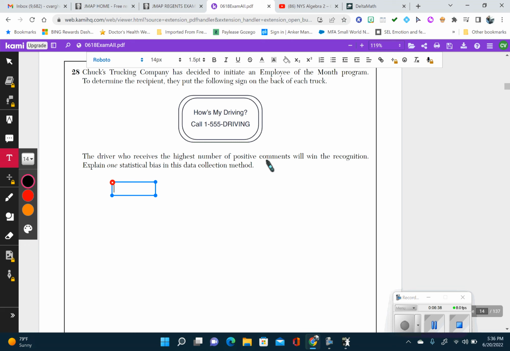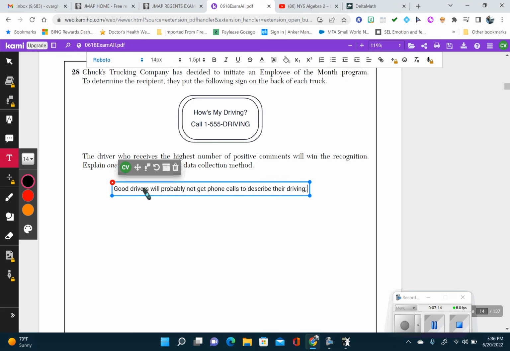So, one statistical bias in this method of collection is good drivers will probably not get phone calls to describe their driving, right?